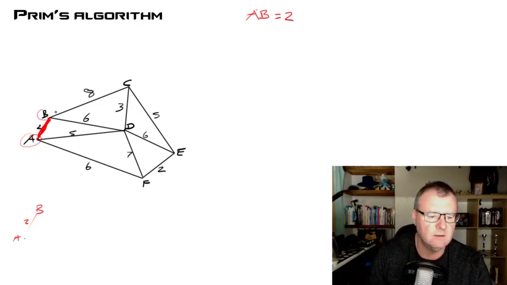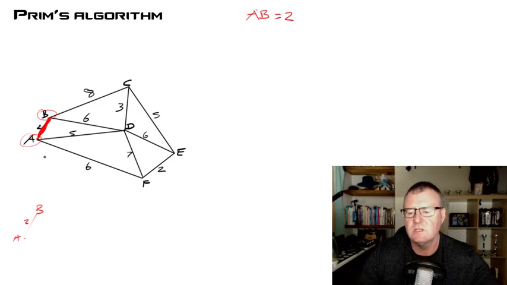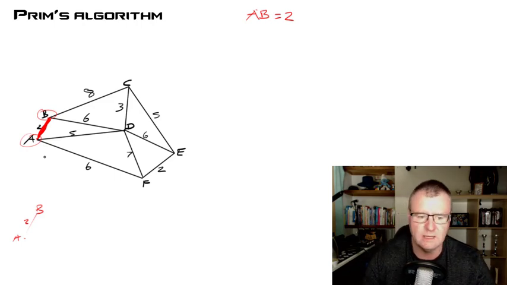So now I've got A and B as part of my spanning tree, so I have to look at both of them. I'm just going to repeat the same process and find the shortest edge that comes off either A or B, because they're both included in my spanning tree. From A, I've got 5 and 6 coming off it. From B, I've got 6 and 8.